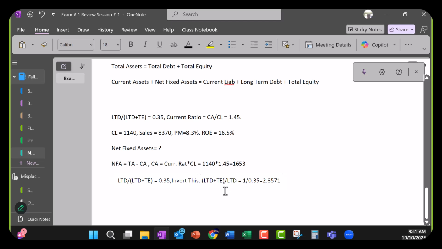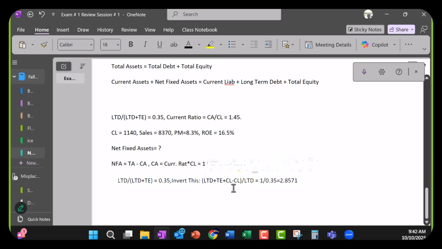So let's see. If I added current liabilities and deducted current liabilities, I don't change anything, right? Is that correct?